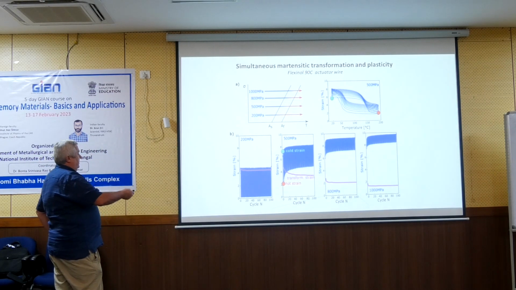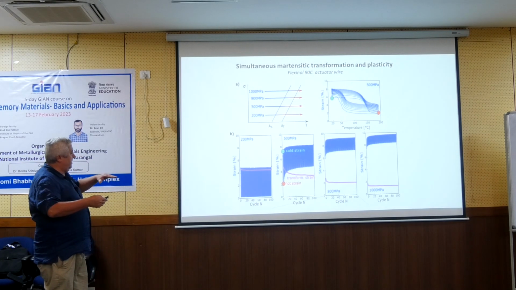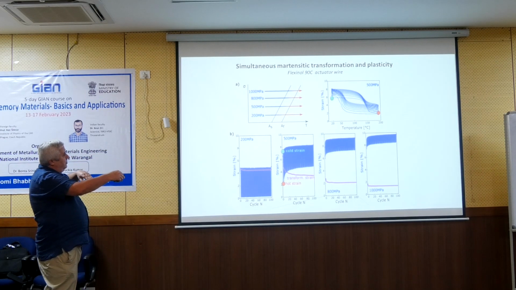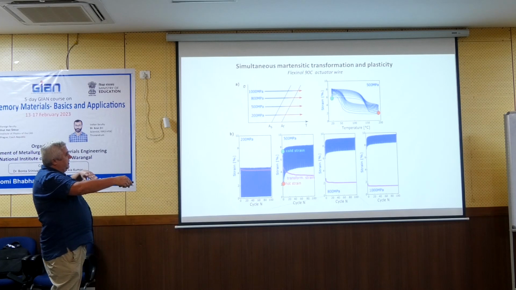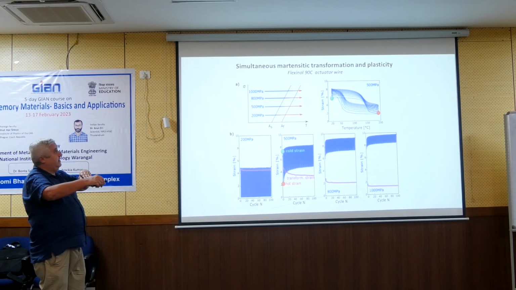No. This is not about amplitude. We applied 200. We applied the load, and then you cycle the temperature in such a way that it changes from austenite to martensite. The amplitude is set by the sample.